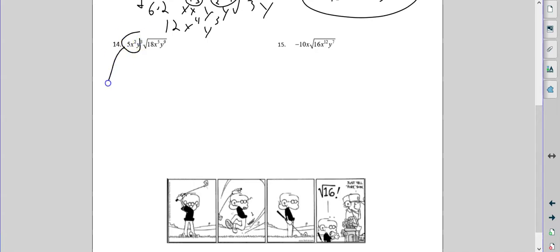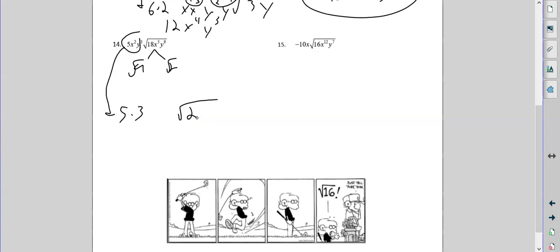Remember, even if you don't want to write them, you can just do an arrow to remind yourself. So 18 is 9 times 2. Keep them under radicals. So here's the 5 times the square root of 9. And the 2 is going to go over here. Sorry, my bad. The 2 goes under the radical.